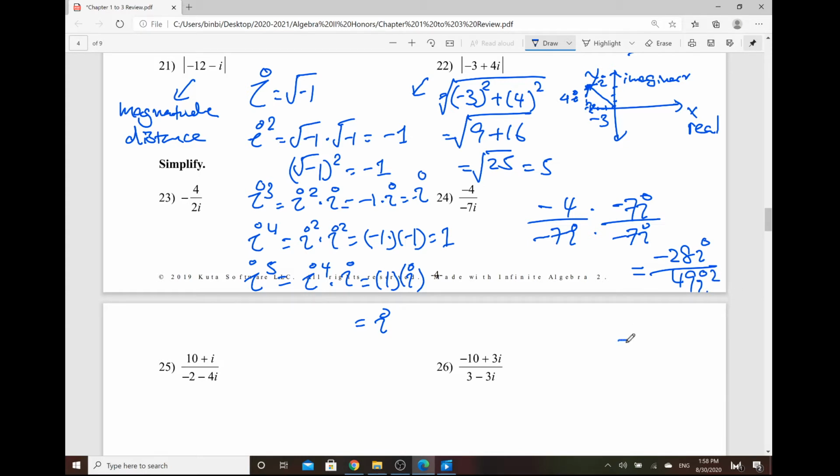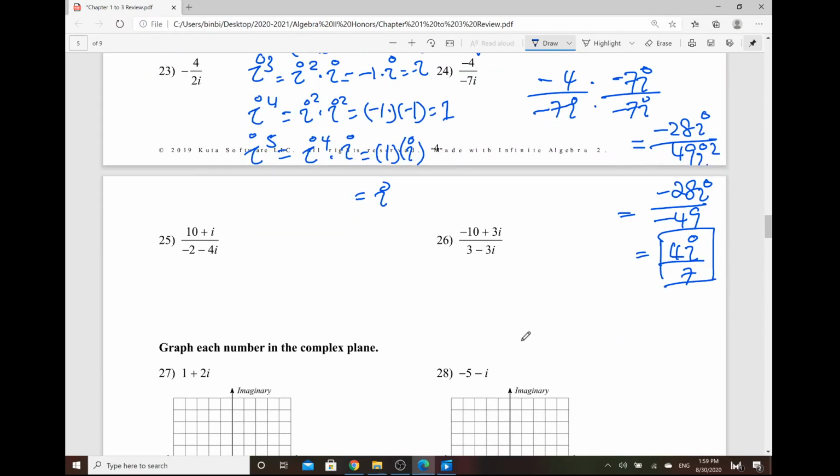One thing we notice is that i squared is -1, according to i to the first power, i to the second. This is actually called the i cycle. So -28i over negative 49. And then top and bottom we can reduce by negative 7. So that turns out to be 4i over 7, or 4 over 7 i.